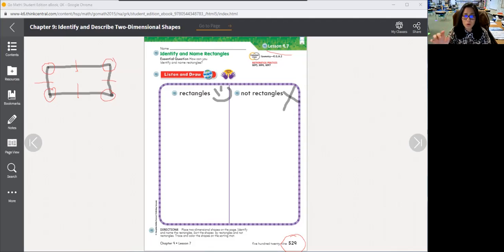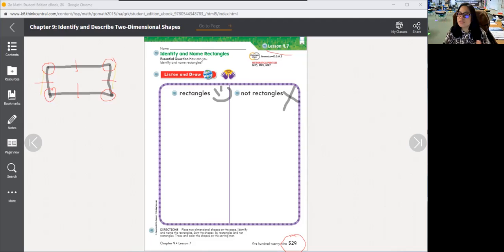A rectangle will always have 2 sides that are short and 2 sides that are long. So if you look at this shape right here, these 2 sides right here and right here, they are long, okay? And then if you look at this side right here and this side right here on the sides, they are shorter.